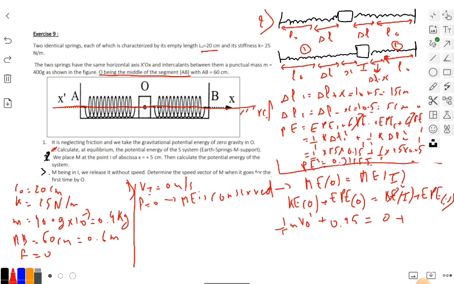2, it's equal to 0.3125. So VO, we obtain, equals 0.56 meter per second.